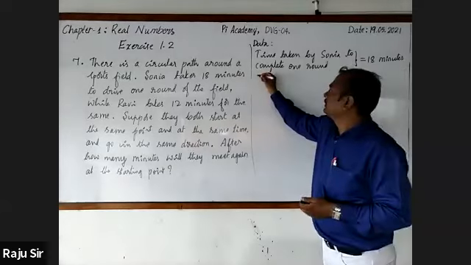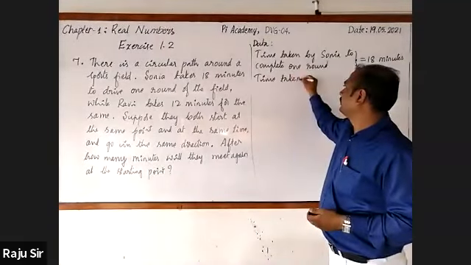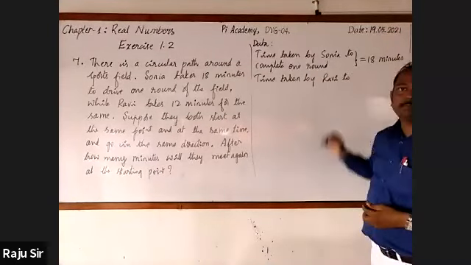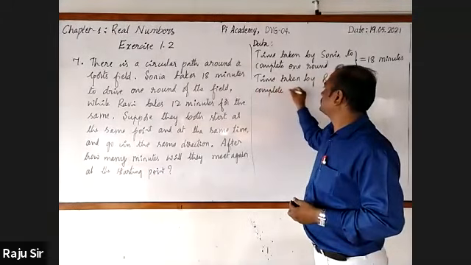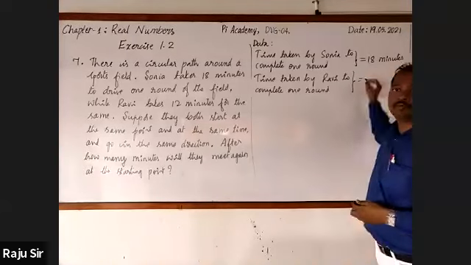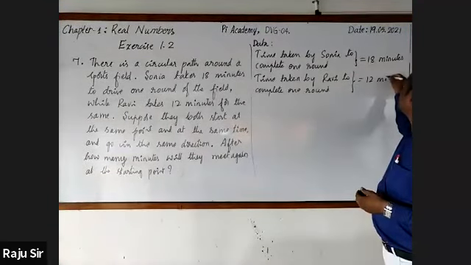Similarly, time taken by Ravi to complete one round around that sports field is just 12 minutes.